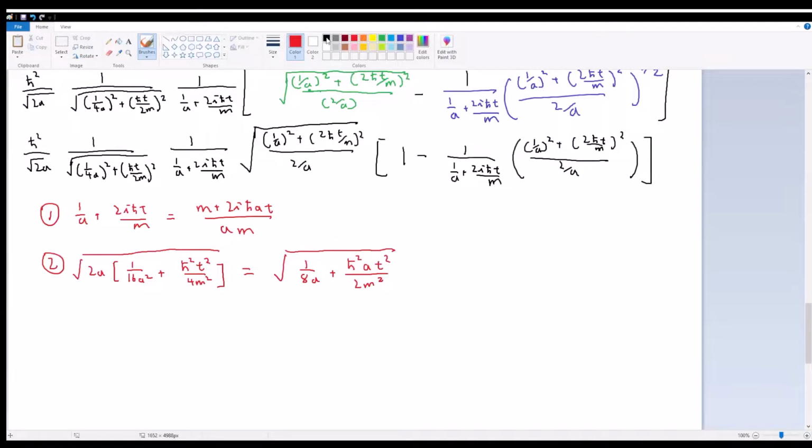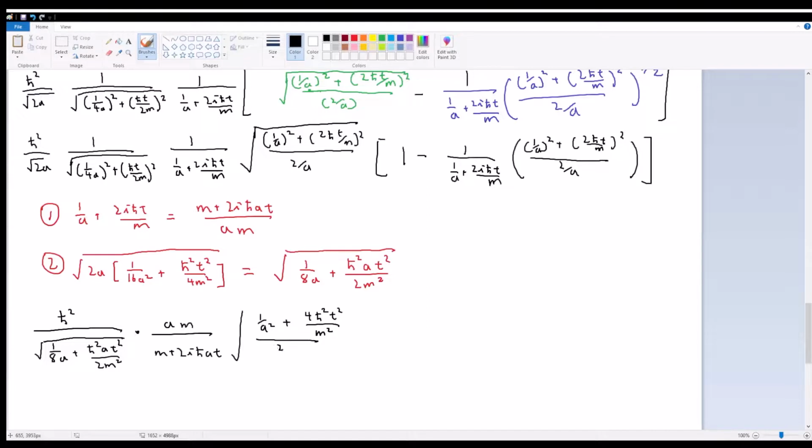So what does this finally give us? This is going to give us h bar squared over the square root of 1 over 8a plus h bar squared a t squared over 2m squared. And then we have multiplied by am over m plus 2i h bar at. And then we have this square root term, which is going to be 1 over a squared plus 4h bar squared t squared over m squared over 2 over a.